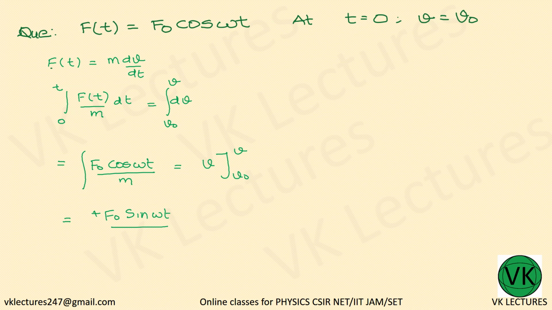We put the upper limit first, v minus v naught. So v is equal to v naught plus f naught by m omega into sine omega t. So this is velocity v in terms of t, so this will be equal to v of t.